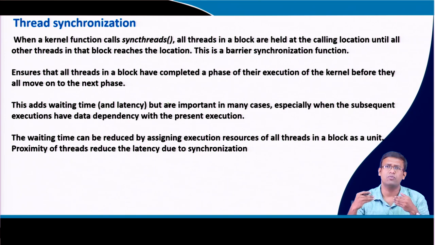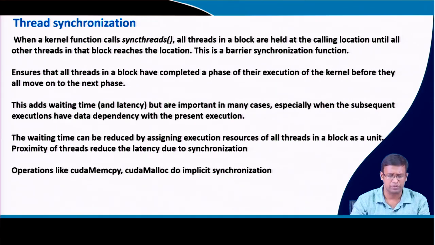There is no wait time for one thread for the others. The wait time is anyway less, so even if you put syncthreads, they are just synchronizing, and the wait time becomes less. So by utilizing proximity of threads, both in terms of execution and memory, ordering the threads correctly and pointing them to the right memory in an ordered manner, the synchronization time can be reduced.